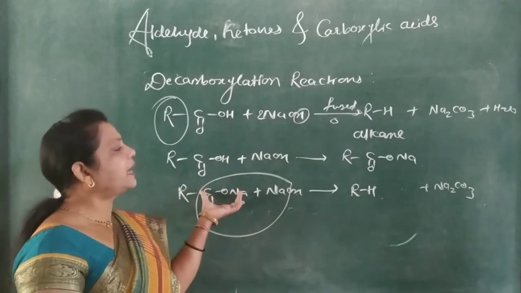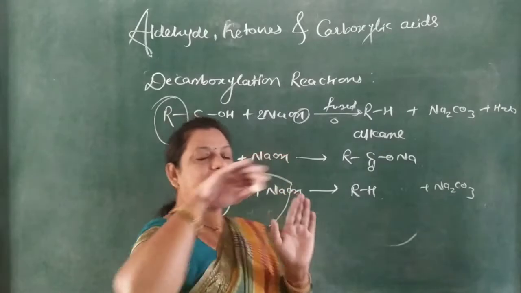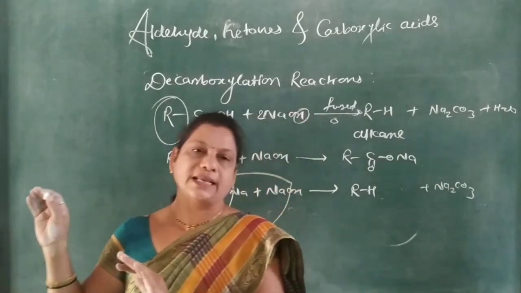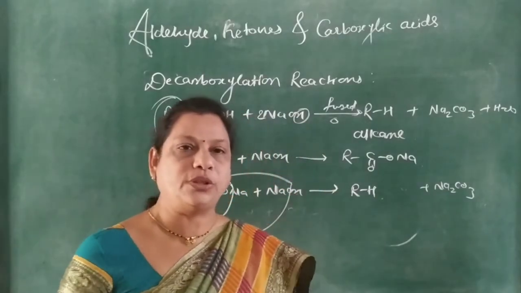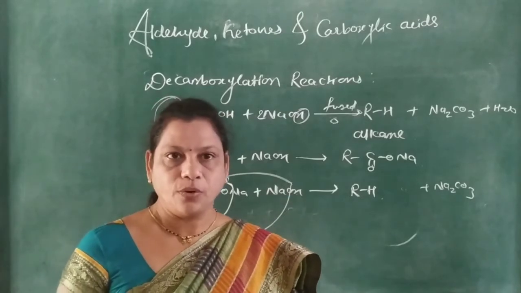This is the decarboxylation reaction because CO2 gets evolved from the carboxylic acid in the form of Na2CO3, forming the corresponding alkane with one carbon atom less.